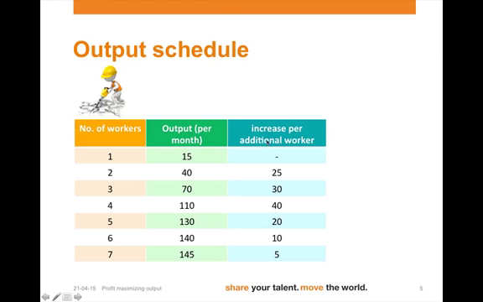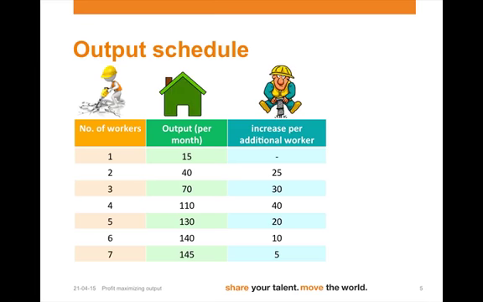If we then look at the increase per additional worker, from 1 to 2 workers, we can see that the increase is 40 minus 15 equals 25. If we go from 2 to 3 workers, the increase per additional worker is increasing to 30.